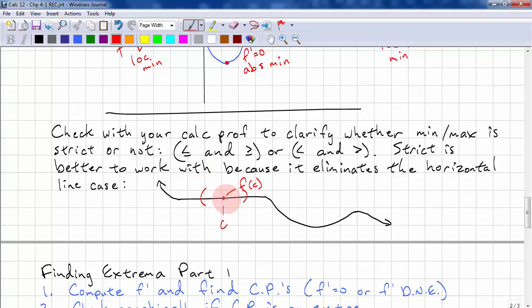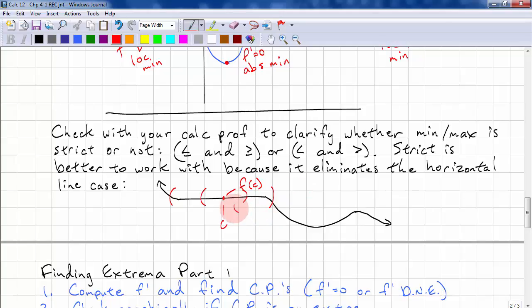But it's not a minimum or a maximum value, because if we take the neighborhood out further, we can see that there's a minimum value over on the right-hand side. And again, if we take the neighborhood further out, then there's a maximum on the left-hand side.